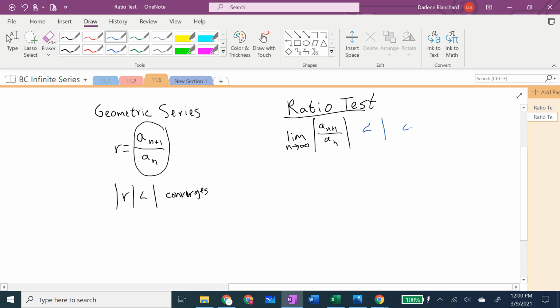So this would give you a converge. Now, if you take that same limit and you find out that you get a number that is larger than 1, then it's behaving similarly to a geometric series that very much diverges.